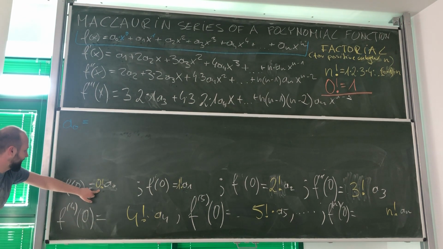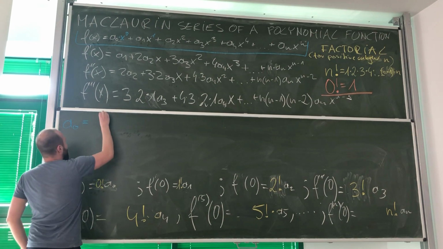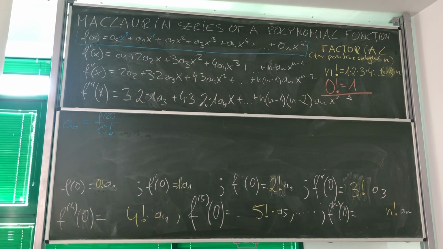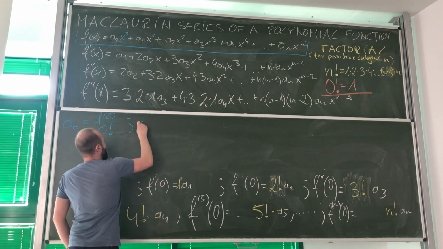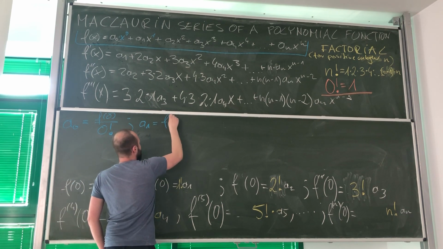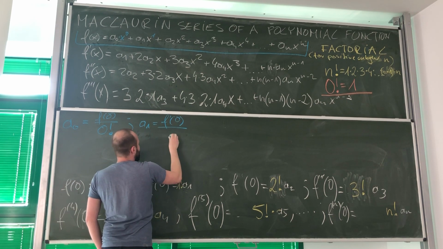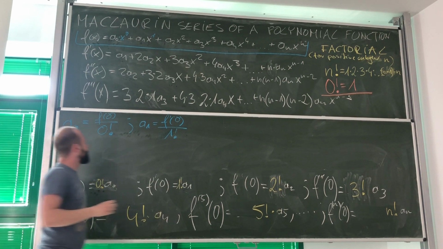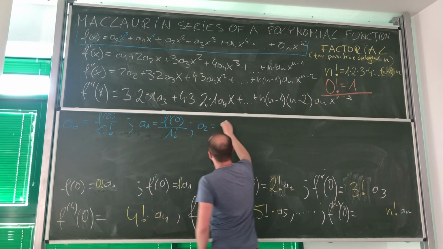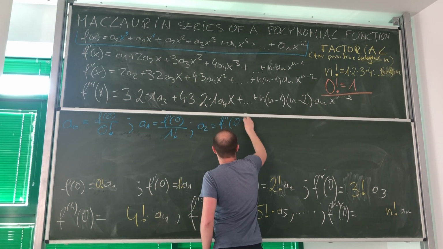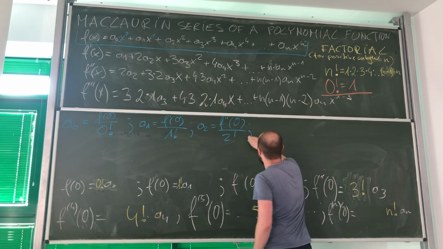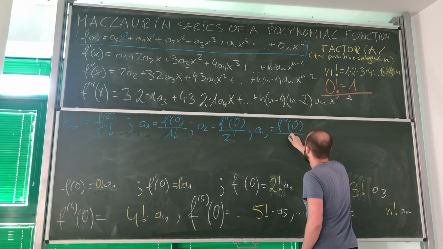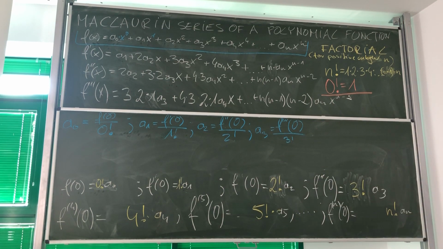If I divide both sides by 0 factorial, a0 is equal to f of 0 divided by 0 factorial. Over here, a1 is f prime of 0 divided by 1 factorial. And of course then we will have a2 equal to f double prime of 0 divided by 2 factorial. a3 will be the third derivative evaluated at 0 over 3 factorial.